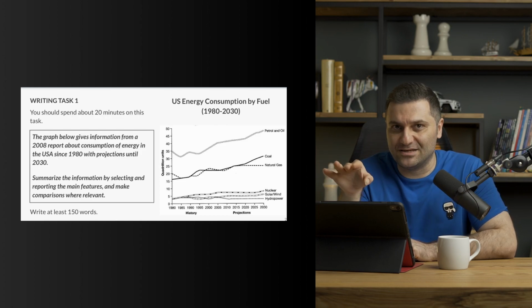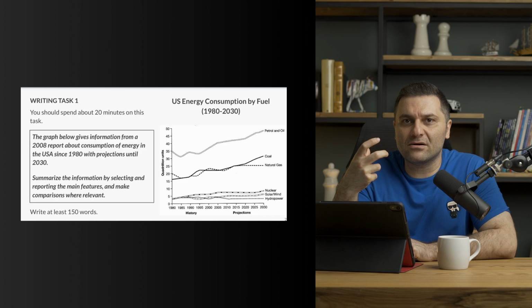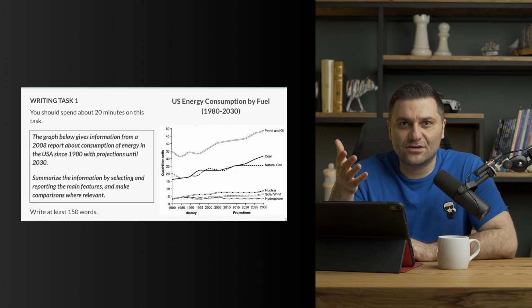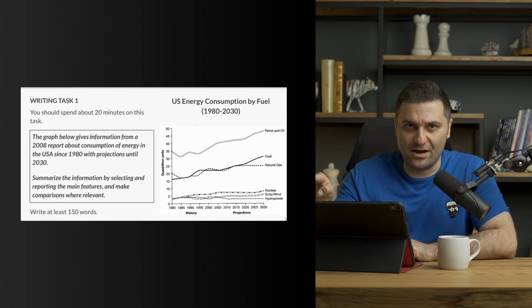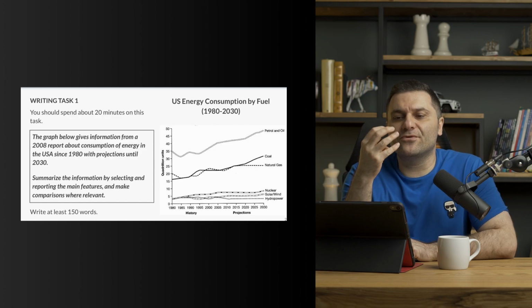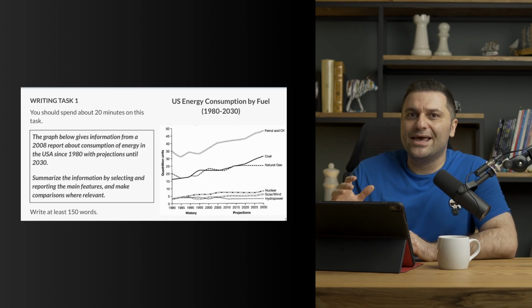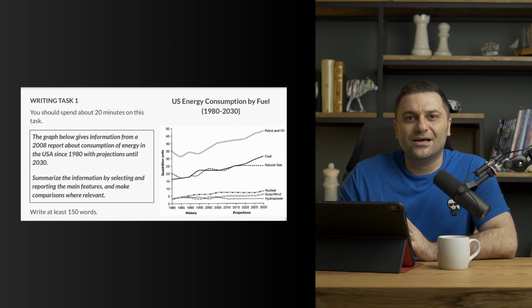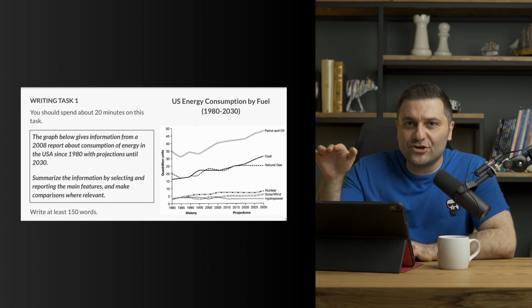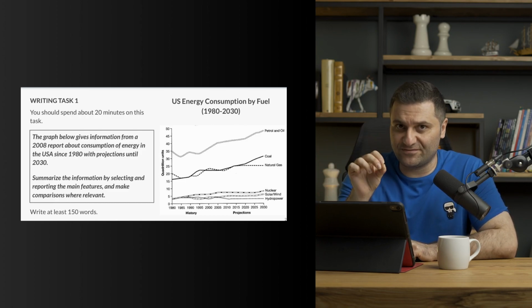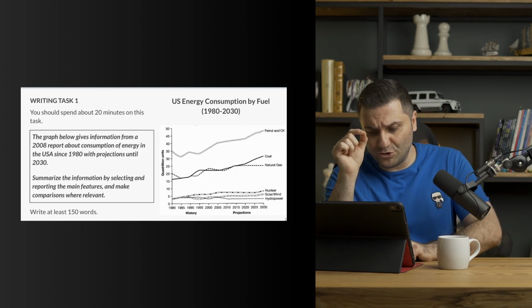This is a trend. So we should compare graphs over a period of time. All right. So the verbs, the adjectives, the language that you use in trends should be related to the change over a period of time. This is very important, and you should be very careful.